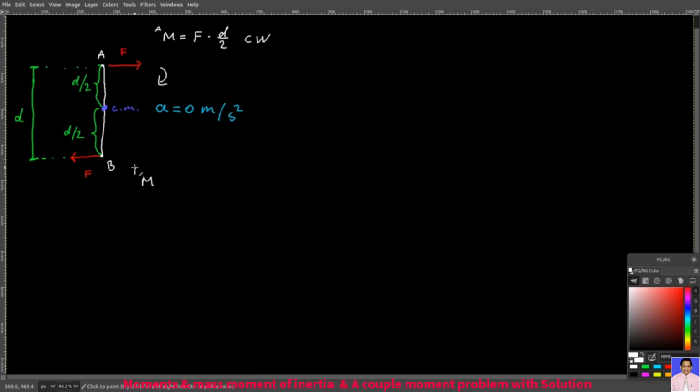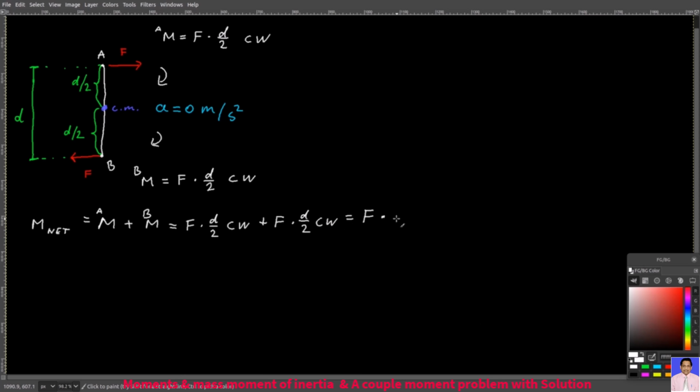And then the moment from point B about the center of mass, well, that would also be F times d over 2, and this one would also be clockwise in this direction. And so the net moment about the center of mass would be MA plus MB. So you would have F times d over 2 clockwise plus F times d over 2 clockwise, and that will give you F times d clockwise.